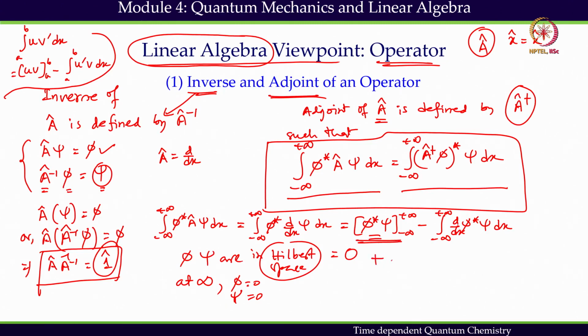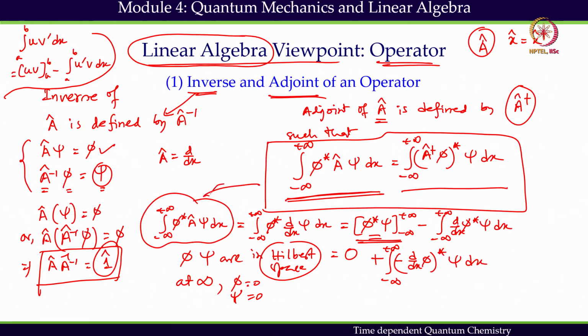Then I have minus the integral from minus infinity to plus infinity of d/dx phi whole star psi dx. I have now the relation fulfilled. But what is the difference right now? The adjoint A dagger of this operator is nothing but minus d/dx.